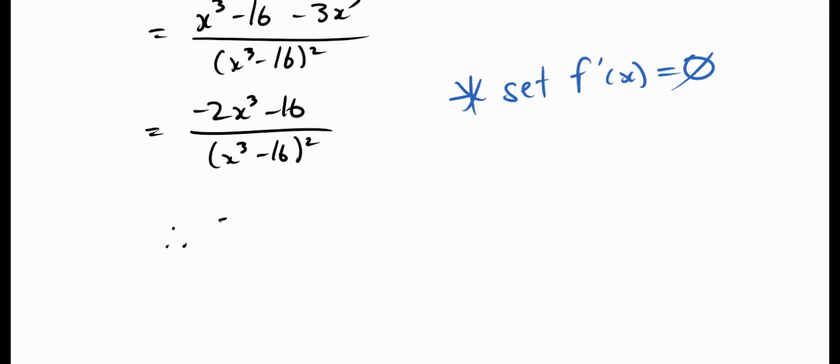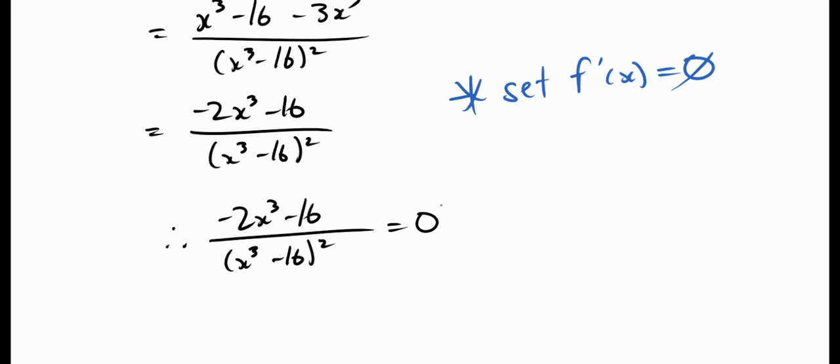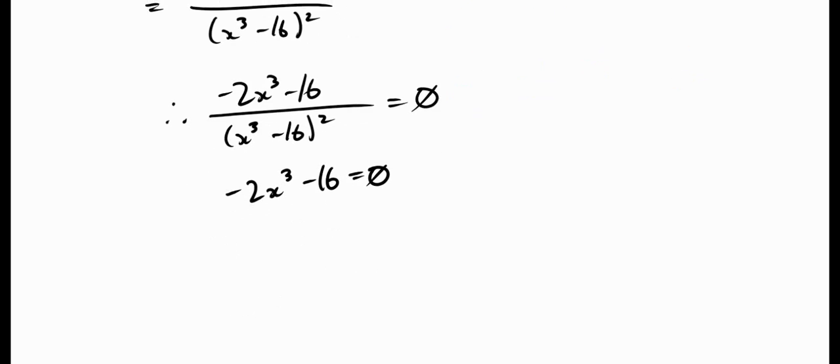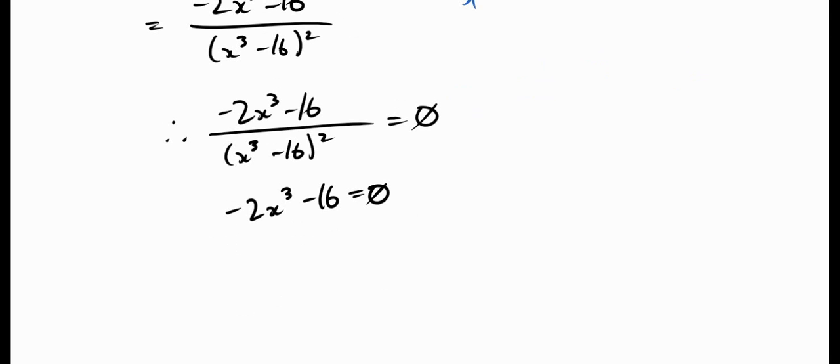Therefore, negative 2x cubed minus 16 over x cubed minus 16, all squared, equals 0. And if a quotient equals 0, what do I do? It just means the top is 0. Right? The bottom's not 0. That's an asymptote.